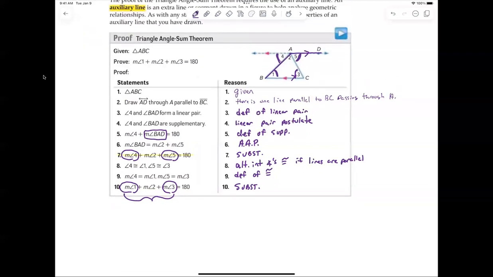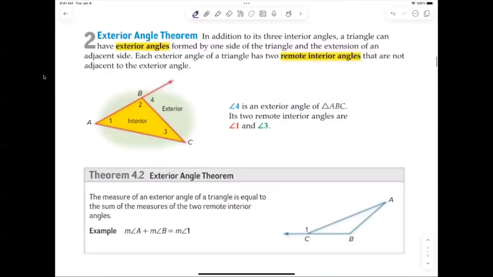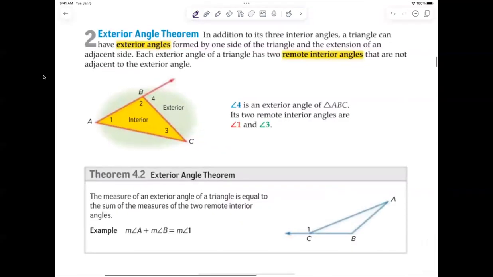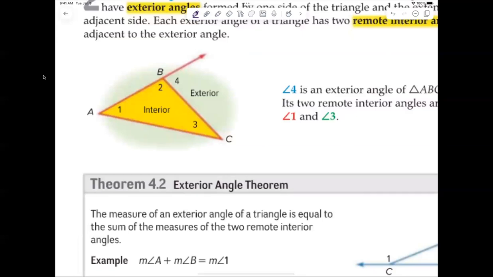So now let's go down to the next little step here. Now we have what's referred to as the exterior angle theorem. The exterior angle in a triangle, we could consider this an exterior angle. I want everyone in here to know that angle 4 is equal to the remote interior angles, which are 1 and 3.